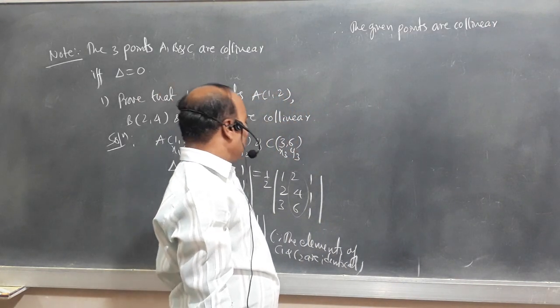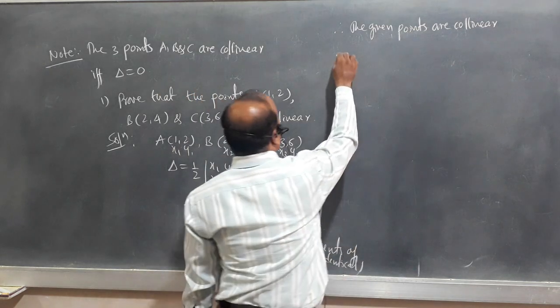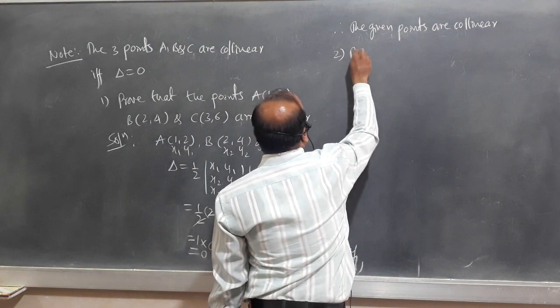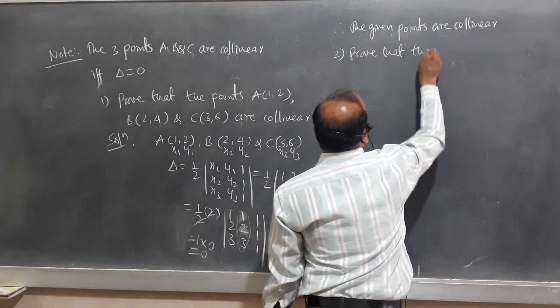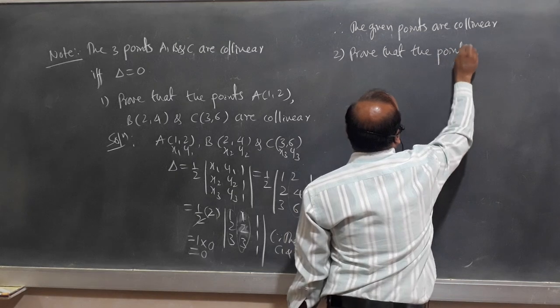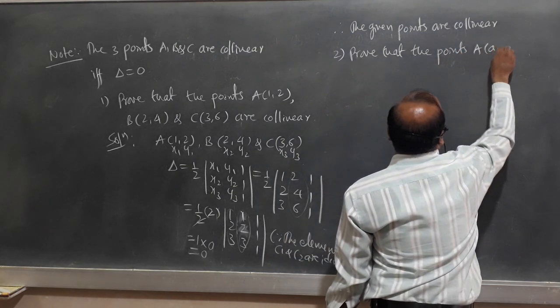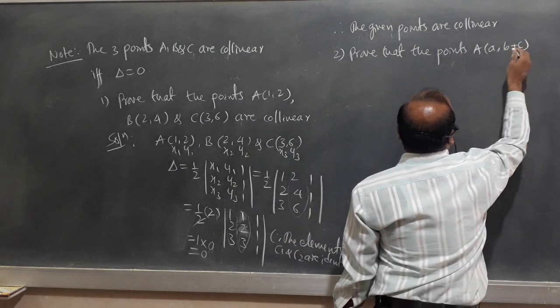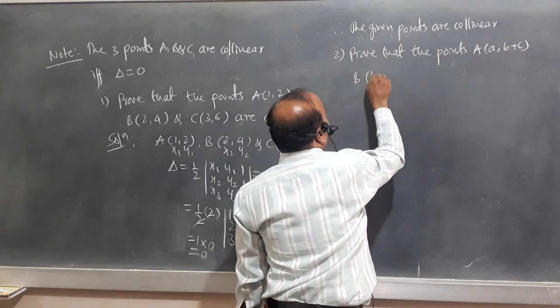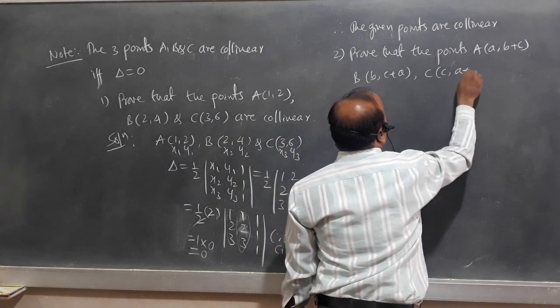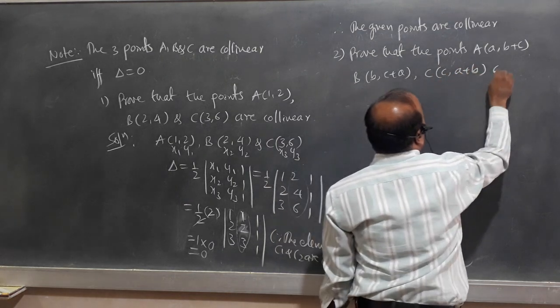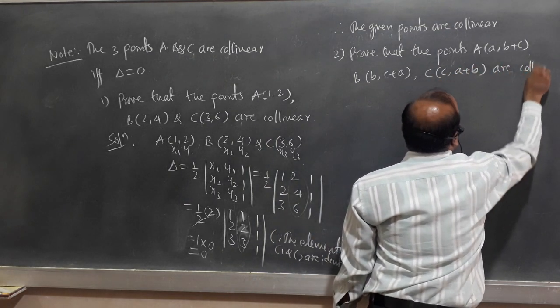Similar to this we can consider another example. Second, prove that the points A(a, b+c), B(b, c+a), C(c, a+b) are collinear.